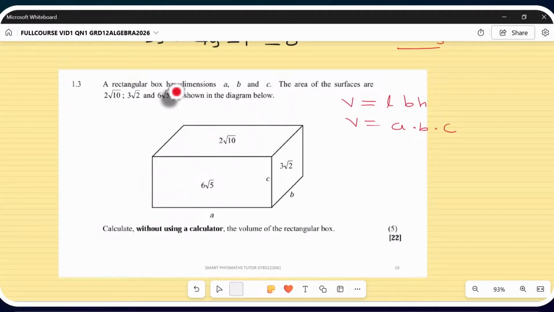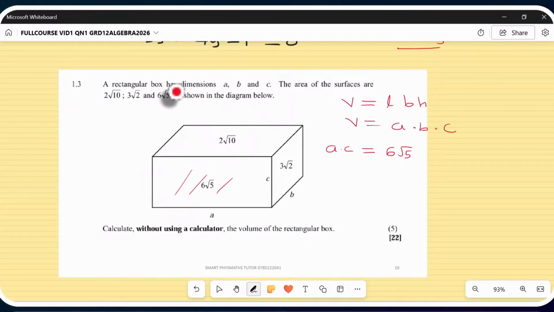I get this other area, which is 3 root 2. Again, if I divide by C, my B equals 3 root 2 divided by C.